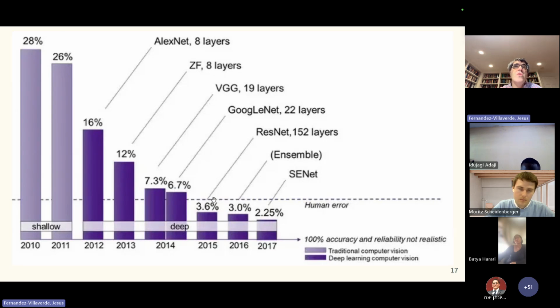So if I give you photographs of dogs, the average human is going to do a little bit worse than 3.6%. And in some sense, it didn't make much sense to continue with this competition any longer because we had pretty much achieved perfect ability to classify.